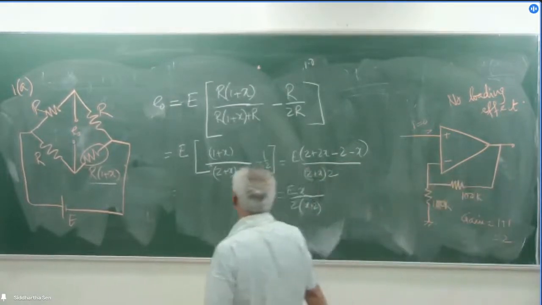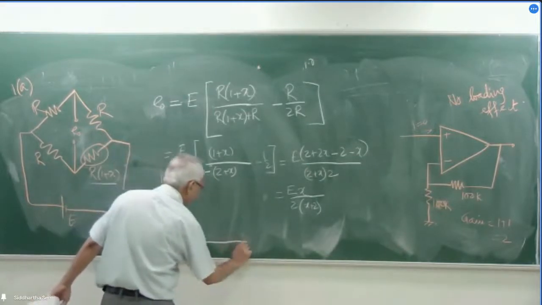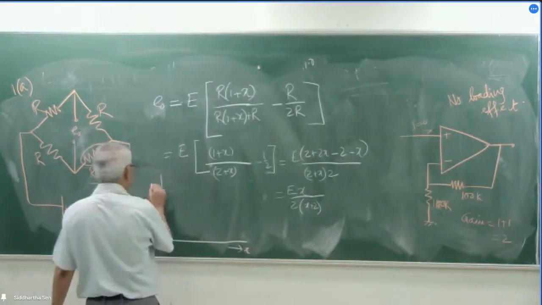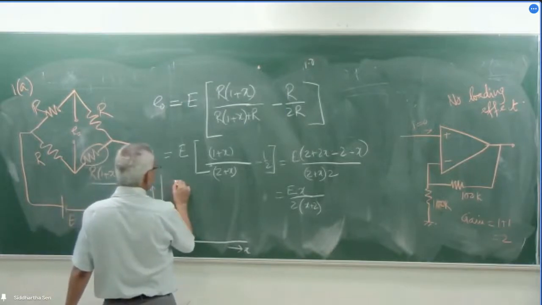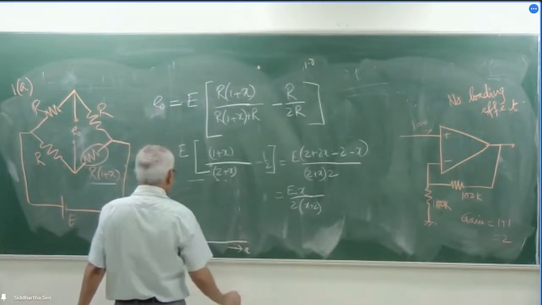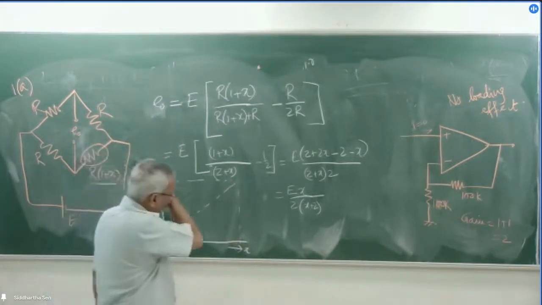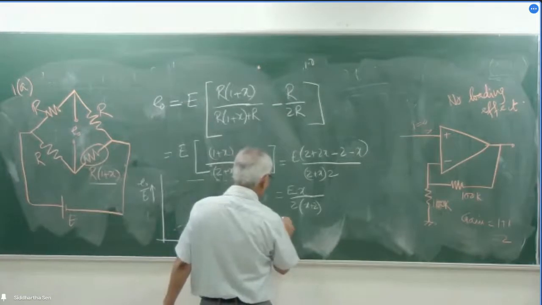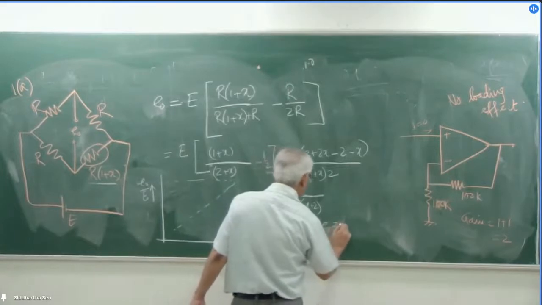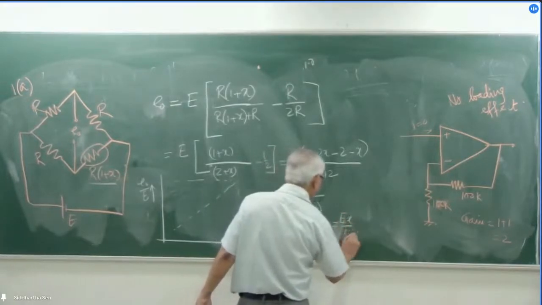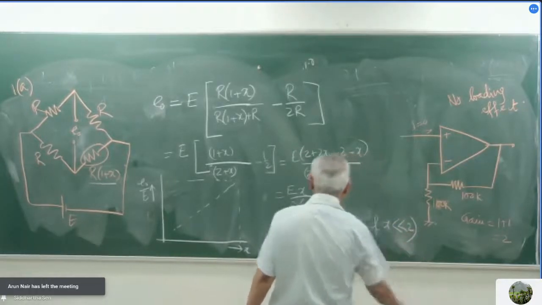If I plot E0 by E versus x, this is your ideal case, where ideally E0 is equal to Ex by 4 if x is far less than 2.